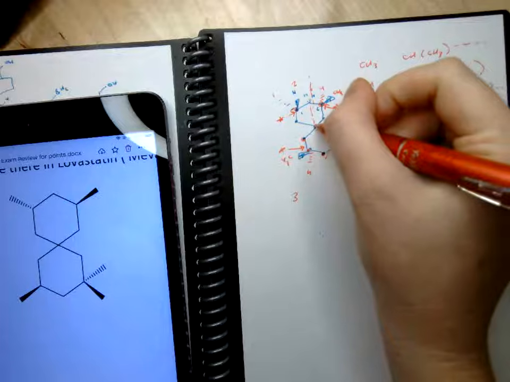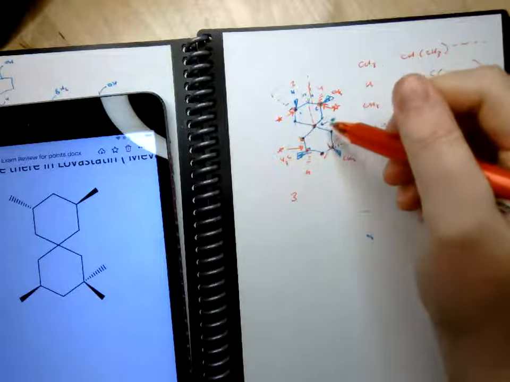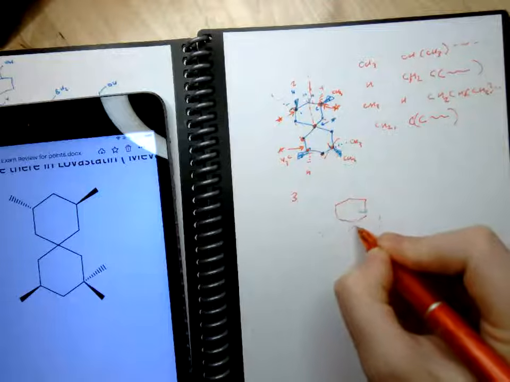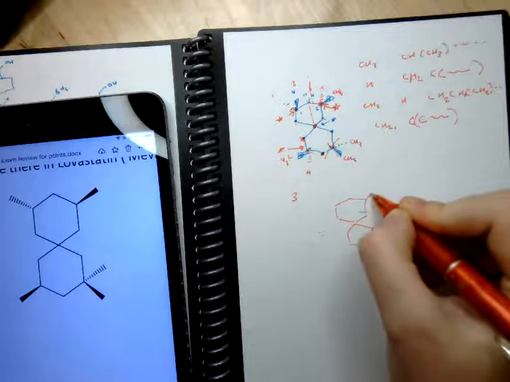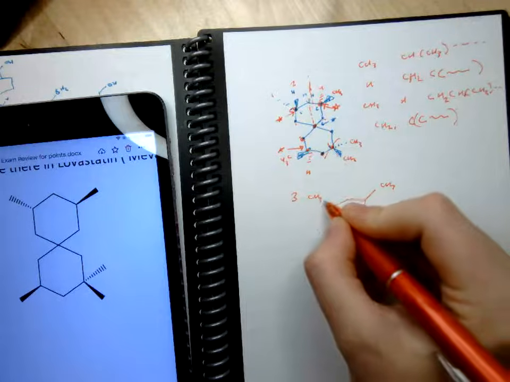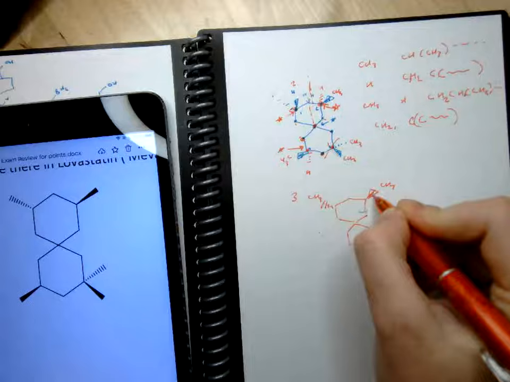However, I think this could be one. So the first initial point is they all have CH2s. I'm actually going to redraw it and see if I can't make it a little bit easier to follow. This is a dash and this is a wedge.